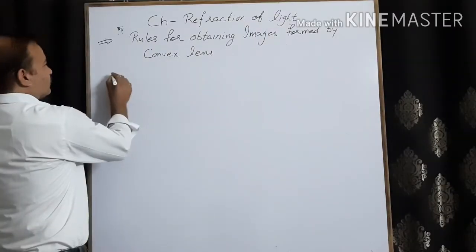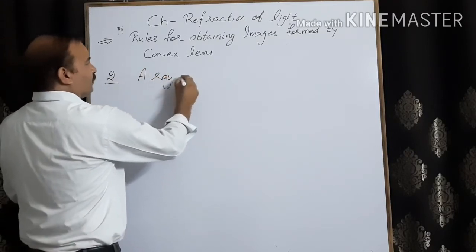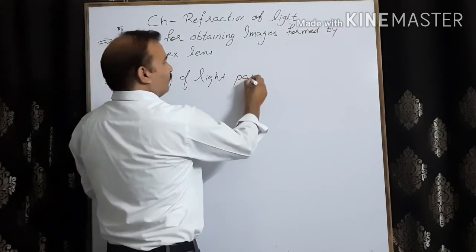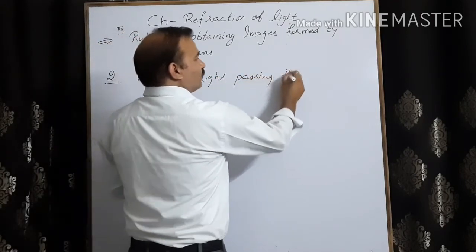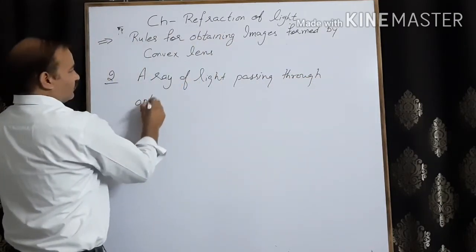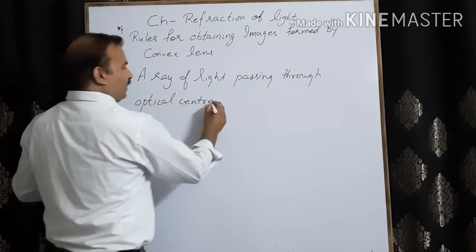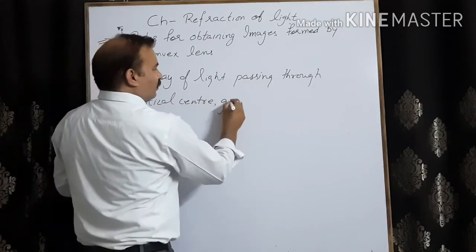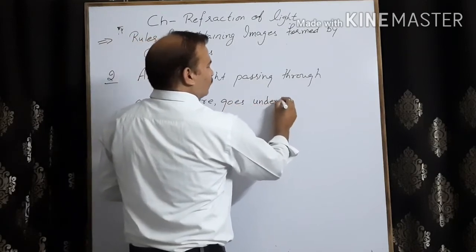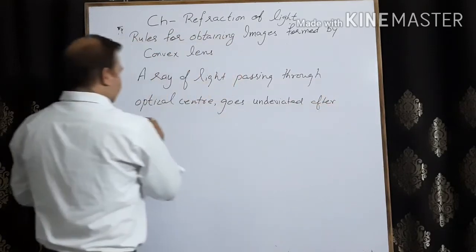The second rule: a ray of light passing through the optical center goes undeviated after refraction.